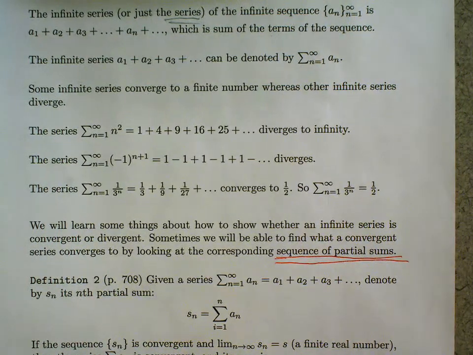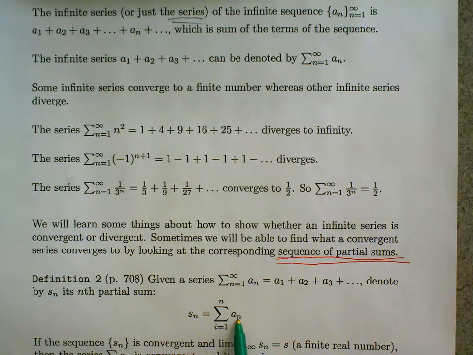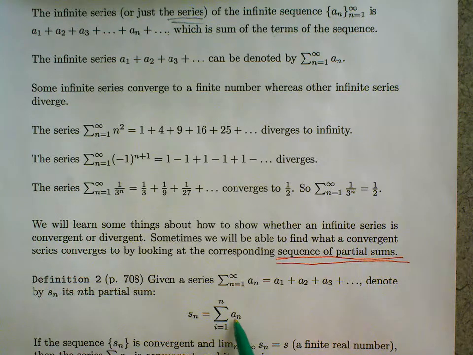Okay, so I have a typographical error here. To the right of the sigma, it should be a sub i instead of a sub n. So S sub n is the sum of the first n terms from the sequence a sub n.